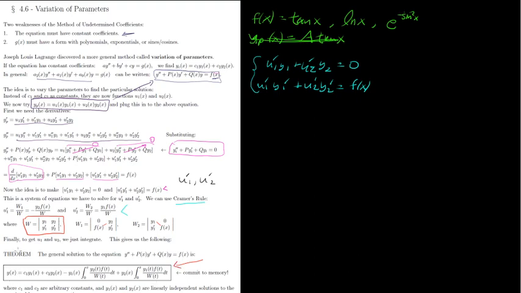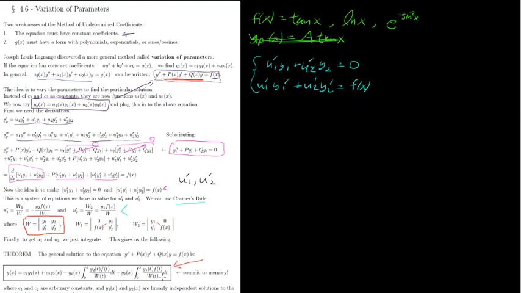You have your y of x. You're solving this equation up here, y double prime plus p of x y prime plus q of x y equals f of x. And right, once you get your fundamental set, your complementary function for your solutions, this gives you the complementary part, and this gives you the particular solution. And just think of it as a formula, right?